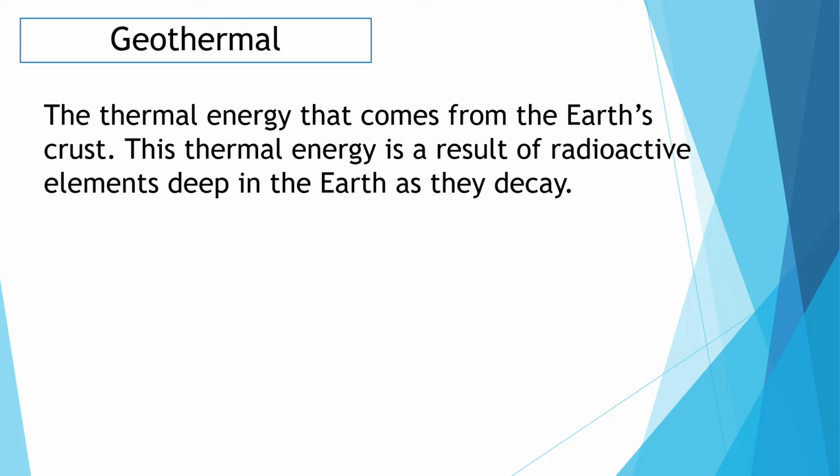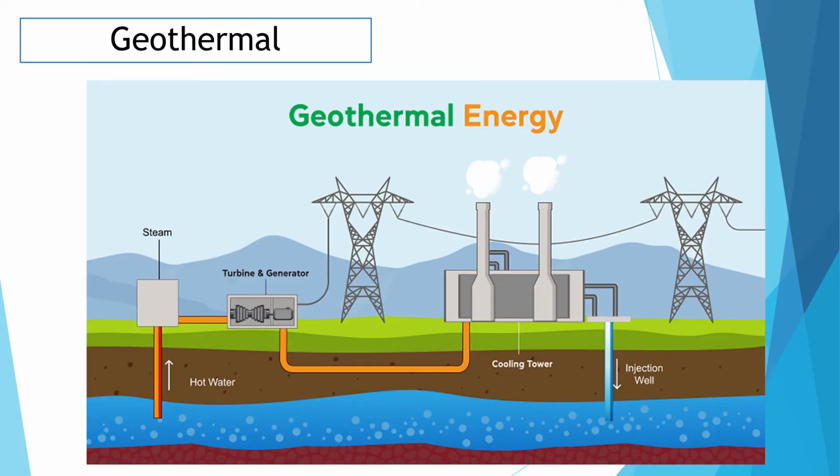Where this heat comes from is the radioactive elements that are present in the Earth. This is the basic layout for geothermal energy. You have hot water there. This hot water is obtained from the thermal energy inside the Earth. This layer here, where I'm pointing right now, that's the Earth crust.